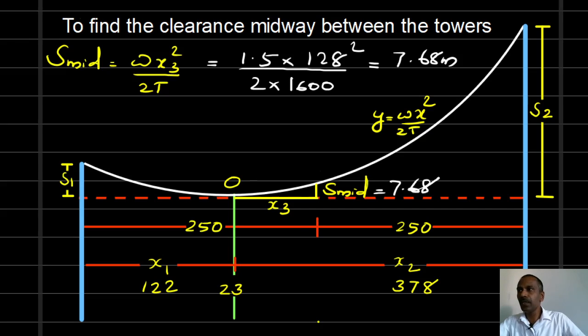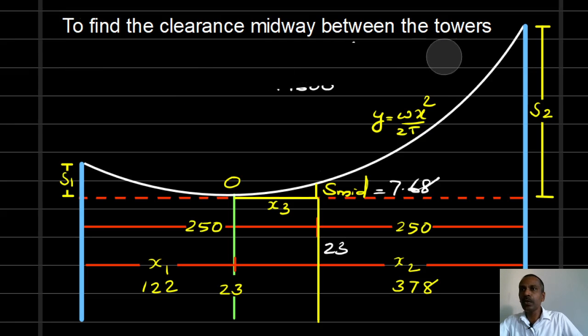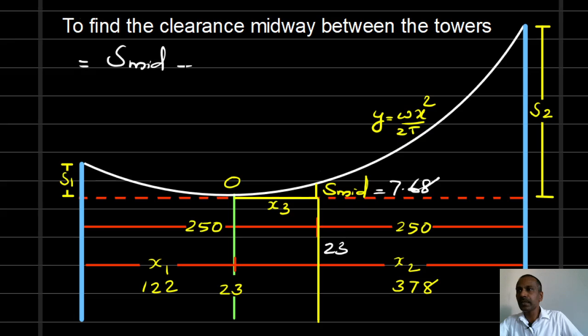And this distance we already know. This is equal to 23 meters. That's the minimum clearance. So the clearance at the midway between the two transmission towers will be equal to S mid plus the minimum clearance 23. So this is equal to 7.68 plus 23. This is equal to 30.68 meters.